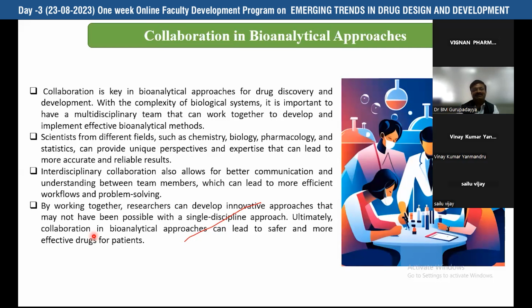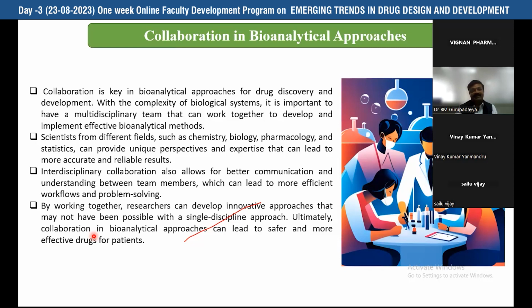With the complexity of the biological system, multidisciplinary teamwork is required so that we can identify the most effective methodology for the quantification and identification of the drug. If scientists from different fields, such as chemistry, biology or pharmacology, work together, they can establish results in the bioanalytical approaches.